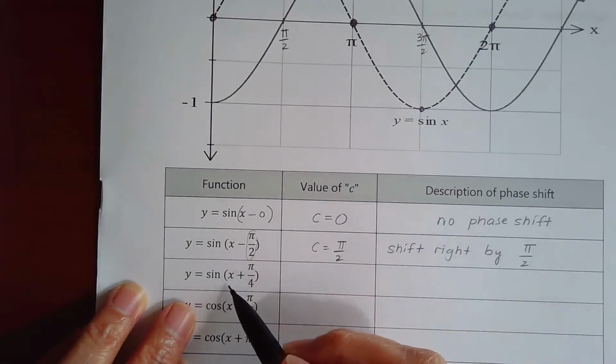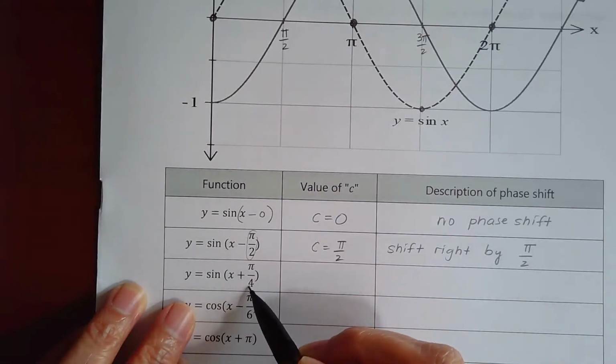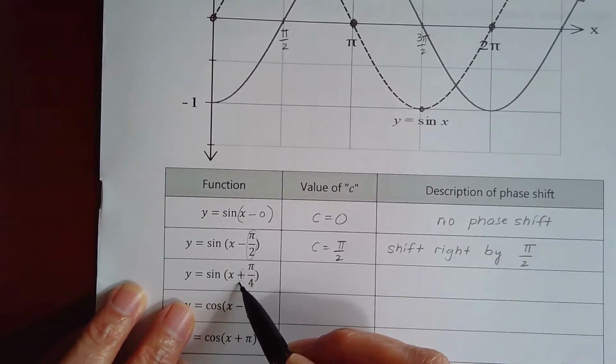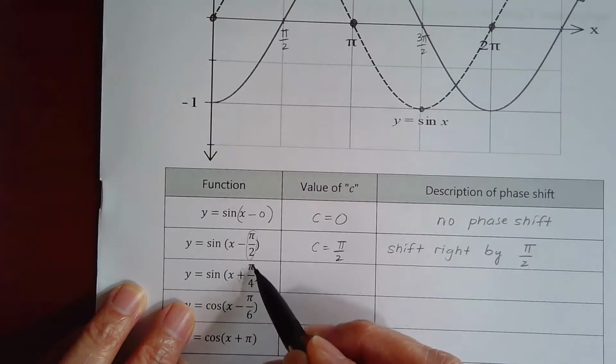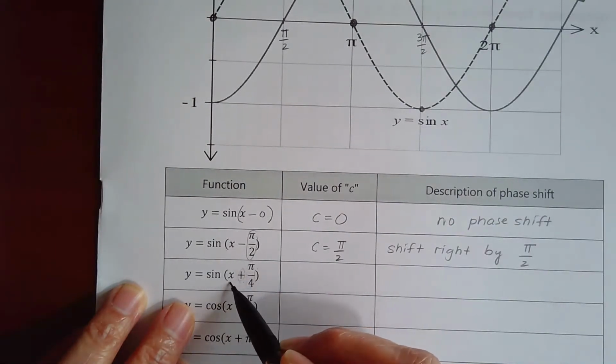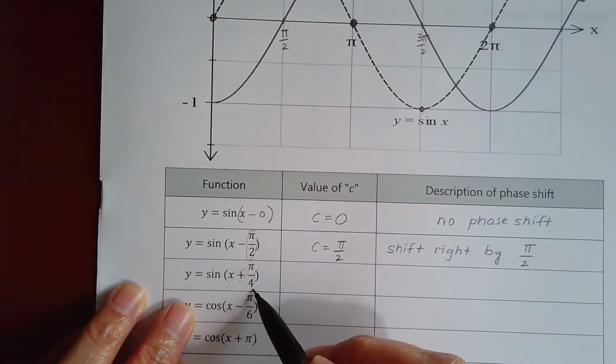So sine of x plus pi over 4. Remember, this is supposed to be x minus something, but this is plus. The reason it's plus is because the pi over 4 is negative, so it's going to be x minus negative pi over 4.